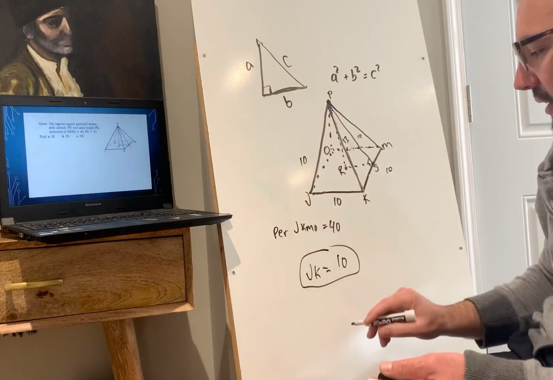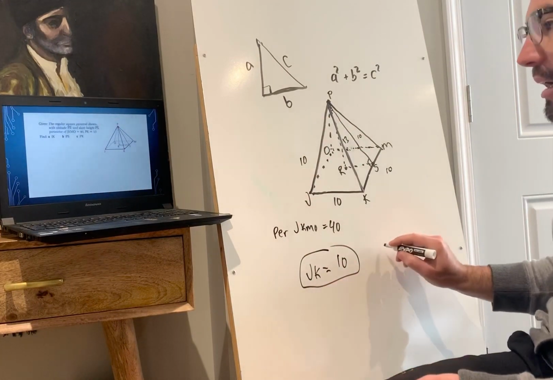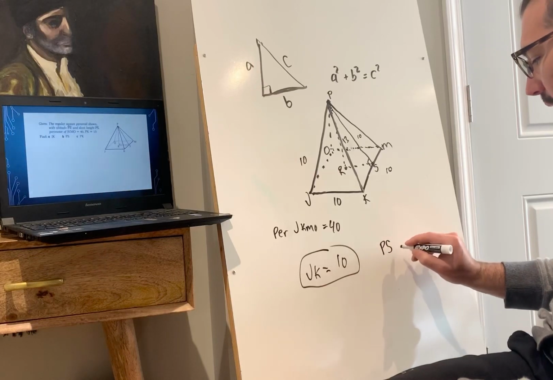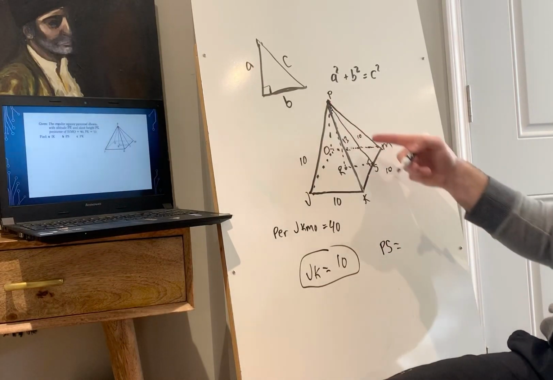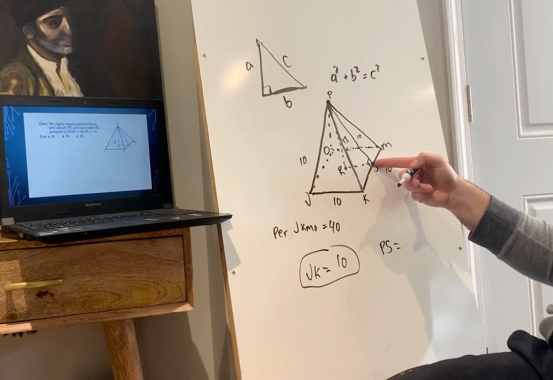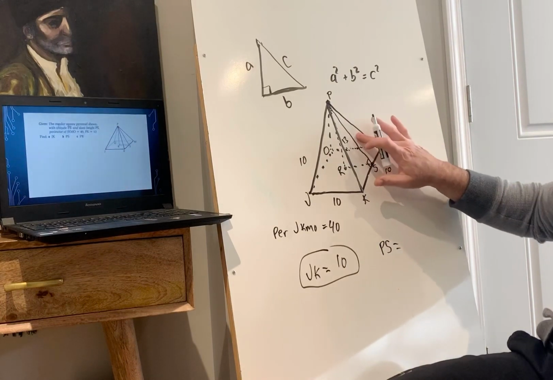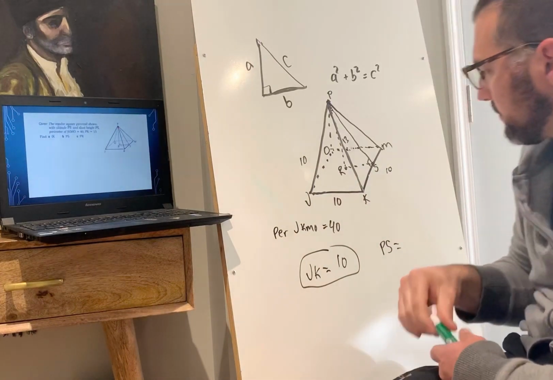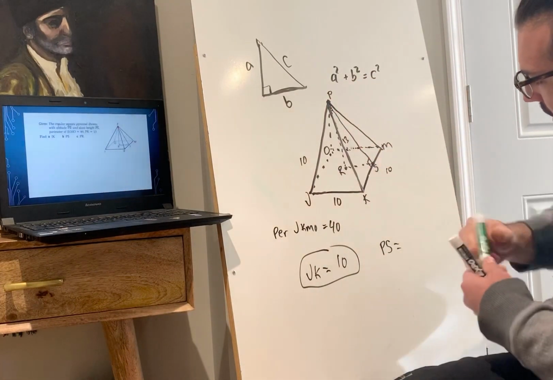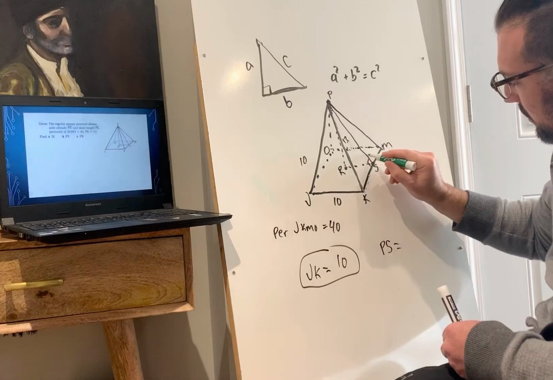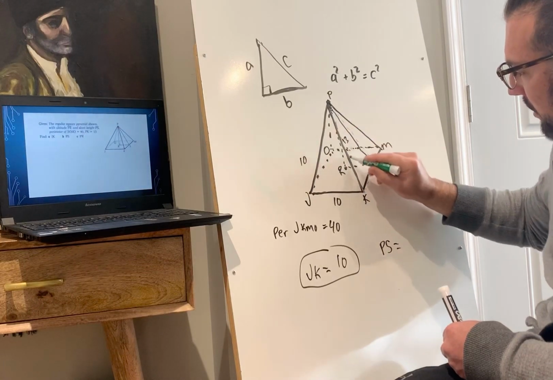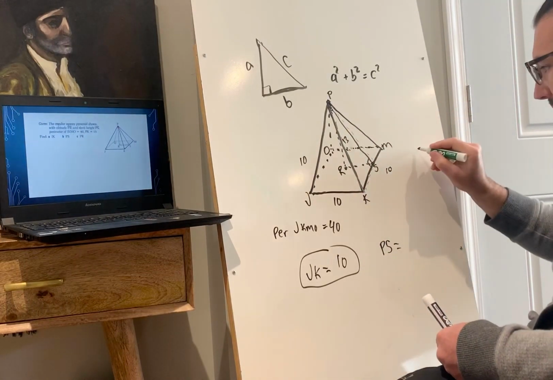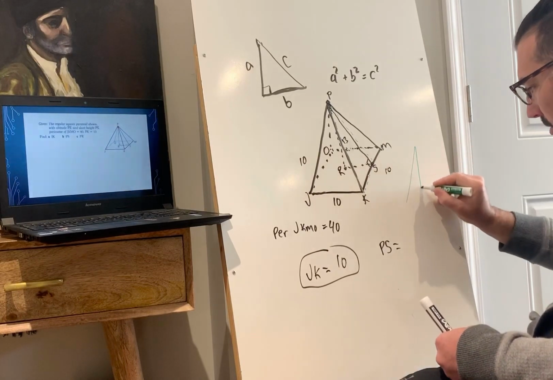And what else do I need to find? They asked me to find PS. Okay, I can do that. Well, PS is the slant height, right? And what do I know? Well, let's see. First, you need to be thinking triangles. Look at this triangle here. I'm going to pull that triangle out and represent it in 2 dimensions for you.